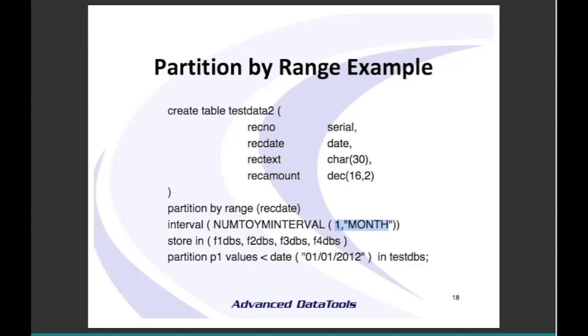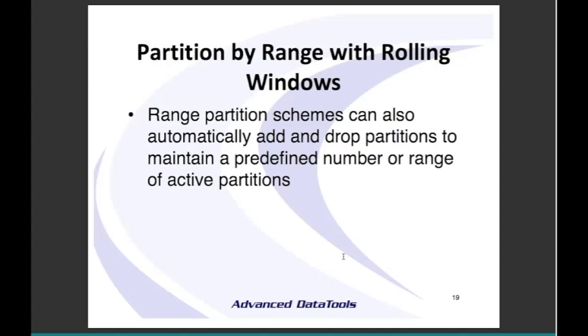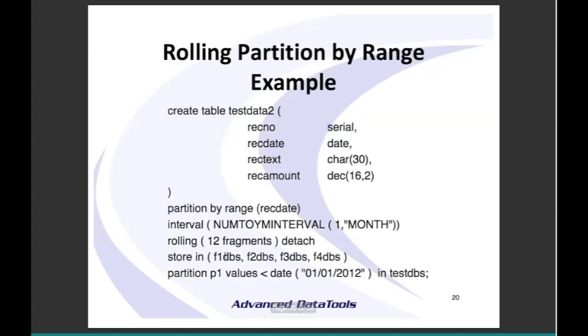Now, rolling windows takes that concept and says, instead of having to purge data, maybe let's have Informix either drop or detach the partitions with that oldest data. And this just adds one line to the syntax I had before. And here I'm saying I'm going to have 12 fragments, and then after I've got 12 months, so I'll have 12 months, 12 partitions.